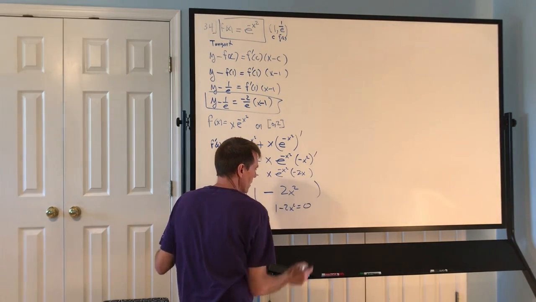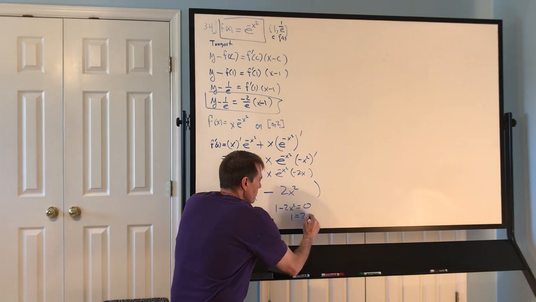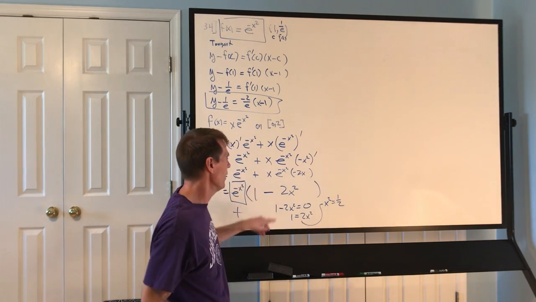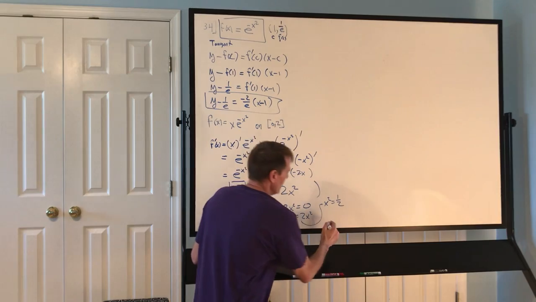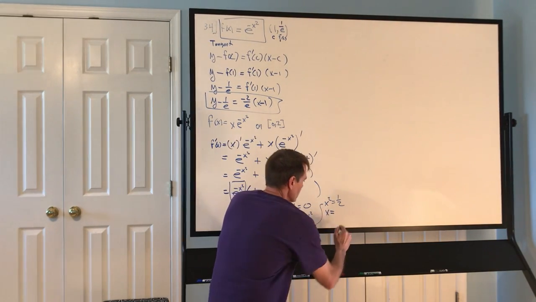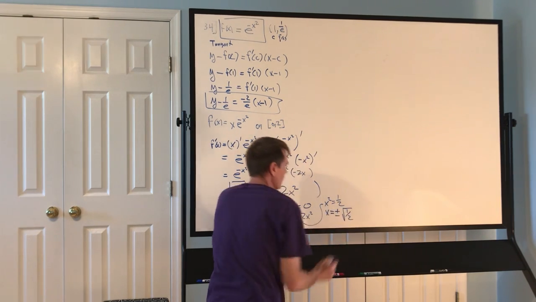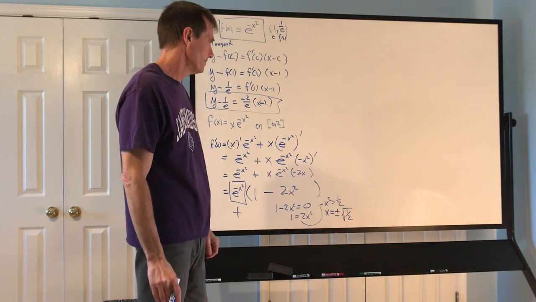If this guy is 0, which is the same thing as saying 1 has got to be equal to 2x squared, or x squared has got to be equal to 1/2. Now, all I've done is set this equal to 0, divided by 2. Now this is where we go a little bit irrational, a little bit crazy. This is equal to plus or minus the square root of 1/2.